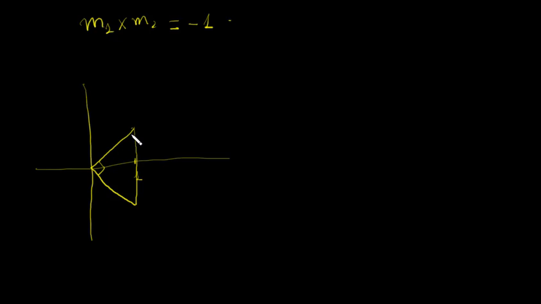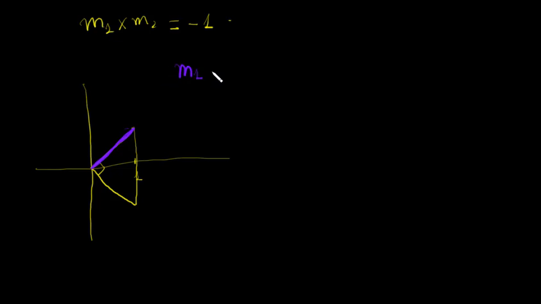For the first line, I call the slope of this line, let me take another color, let me draw the slope of the blue line. The slope of this line is m1.